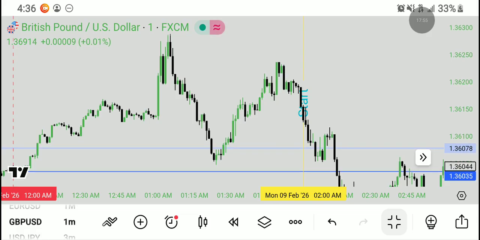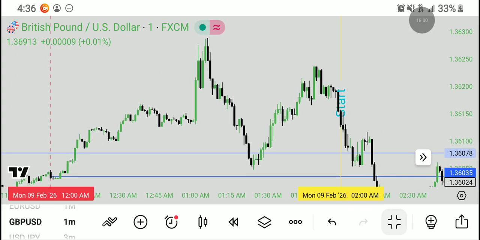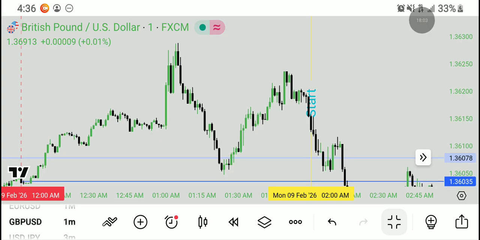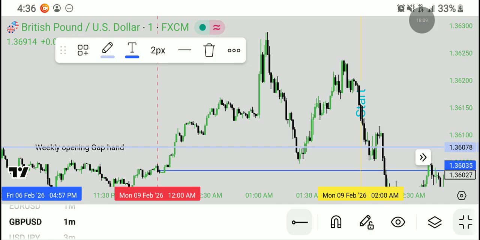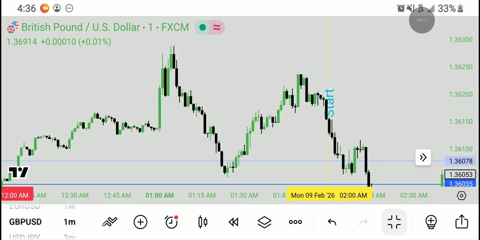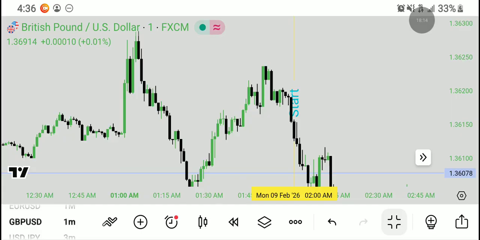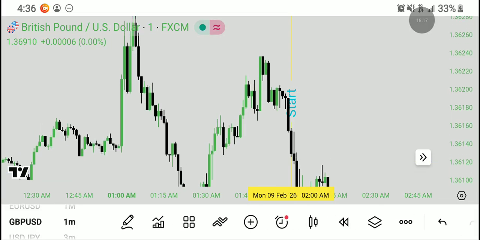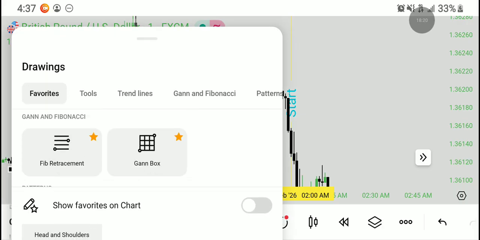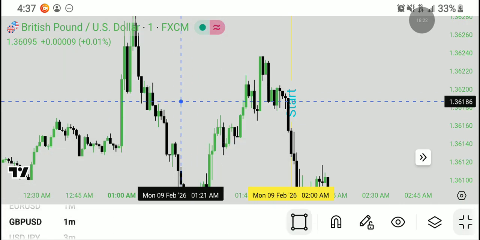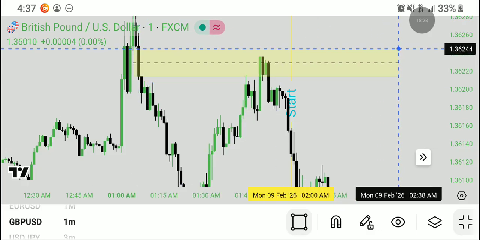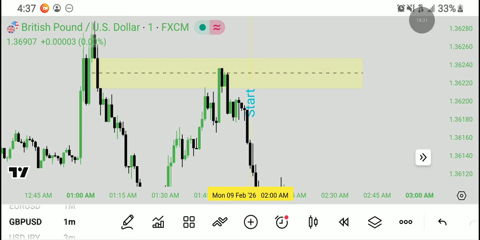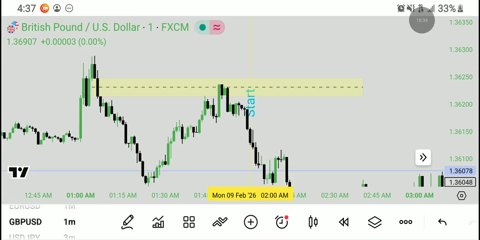Why? Market comes from the hand of weekly gap. You can see the hand, and you know why, how we get this line. And at 2 o'clock it moves to buy stop, which is here. How did I know that there is buy stop?